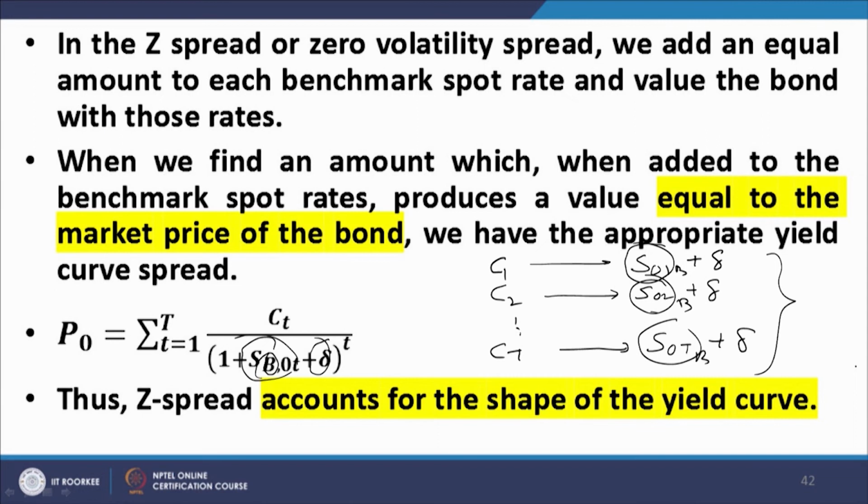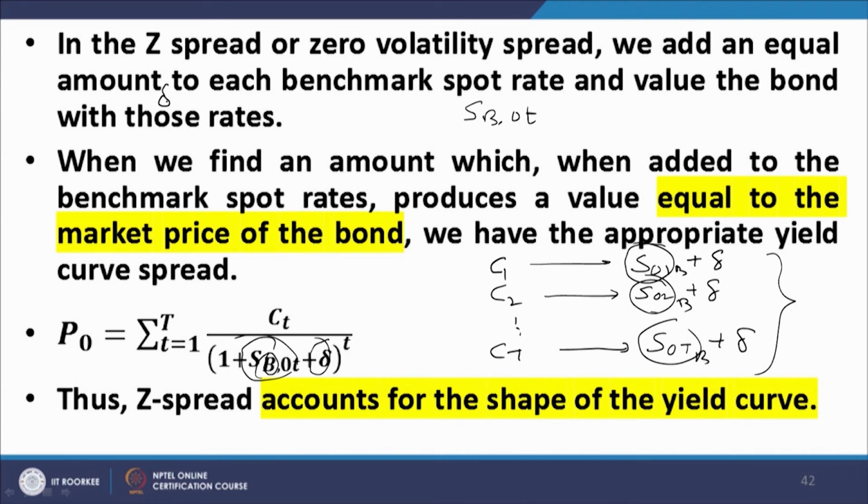In the Z spread or the zero volatility spread, we add an equal amount, this delta, to each benchmark spot rate S B 0t. So, add an equal amount delta to each benchmark spot rate S B comma 0t and value the bond with these rates.